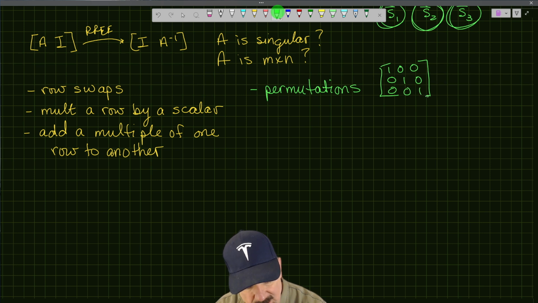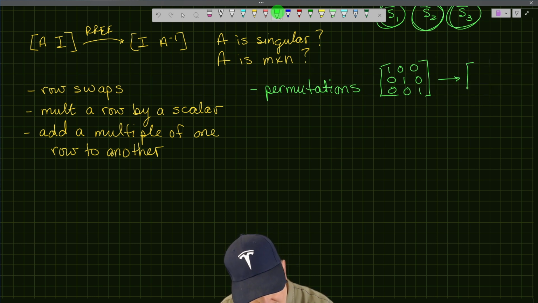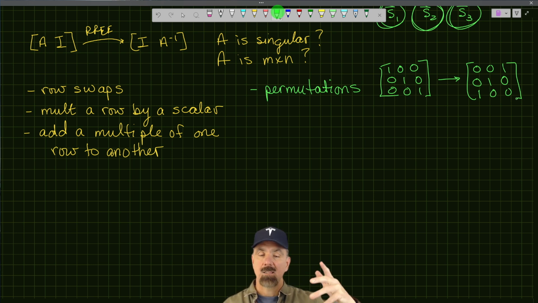If what we wanted to do was swap the first and third rows, we would swap the first and third rows in the identity matrix, and then we would left multiply by the resulting matrix. When we multiply by this matrix on the left, and sweep through, we do exactly the row swaps that we want to do.